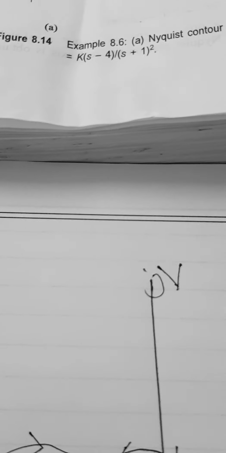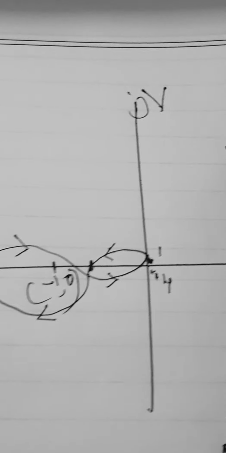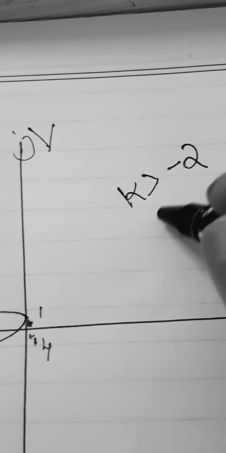Now in order for it to be stable, for which value should it be stable? K should be greater than -2, so that k by 2 is greater than -1. So this point should be, intersection is, that is 1.